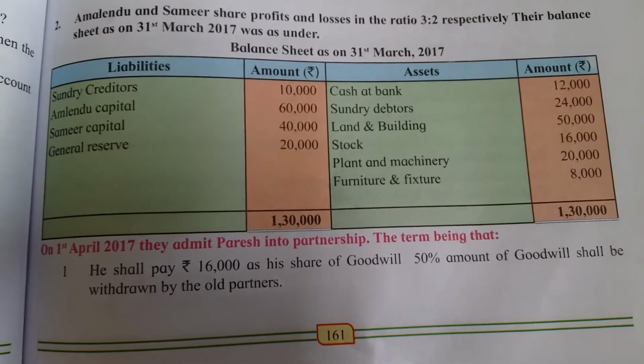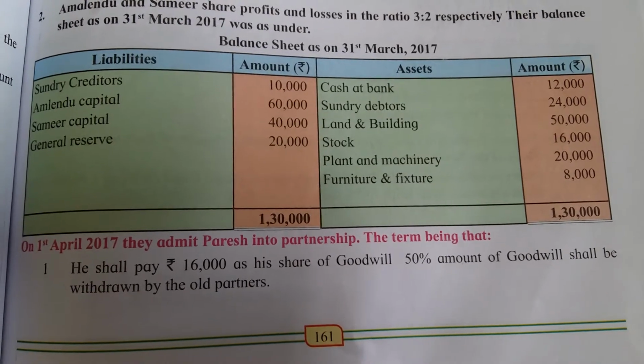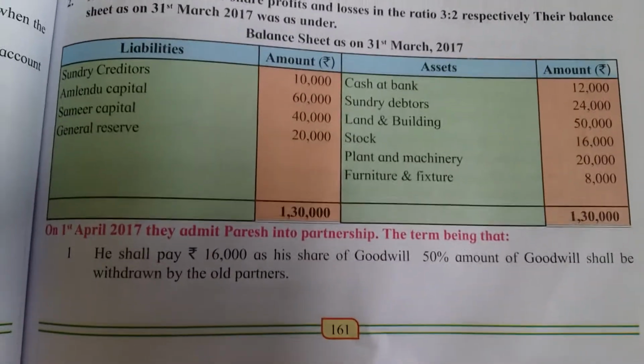Now it is the second case, where the new partner brings his share of goodwill and it is withdrawn. See, 50% means only 8,000 will be withdrawn from the business.